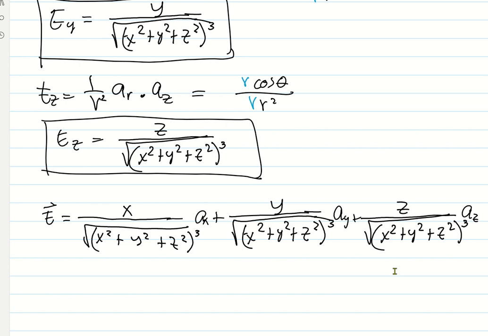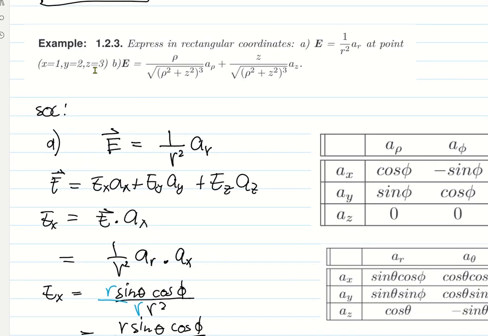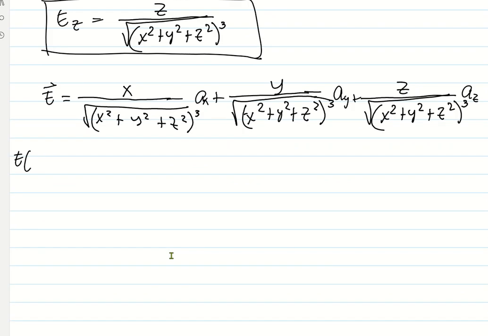So this is now the vector field, but we need to evaluate this at x equals 1, y equals 2, z equals 3. So x is 1, 2 is y, and 3 is z. So this will be 1 all over the square root of 1 squared plus 2 squared plus 3 squared. That's 9, just cube that. And this is in the x direction.